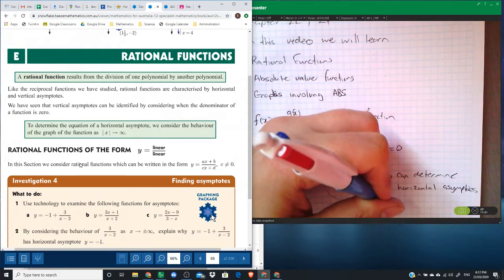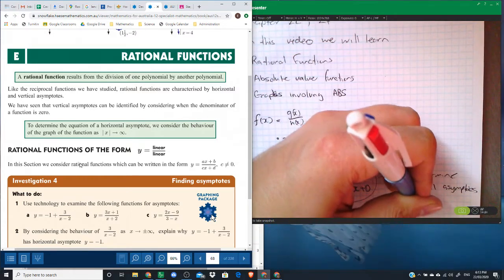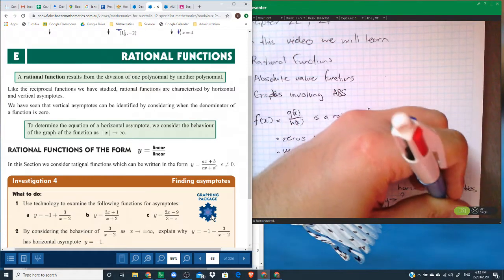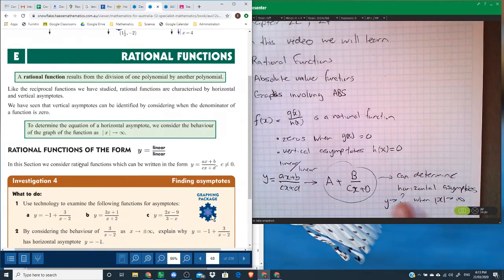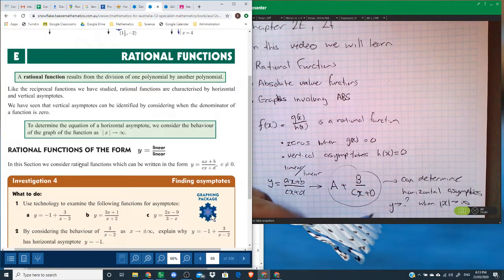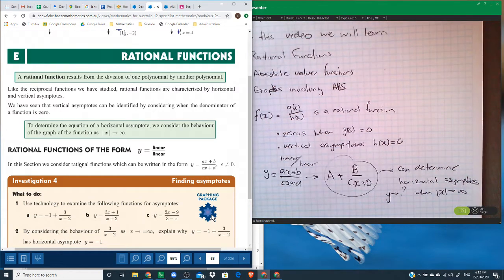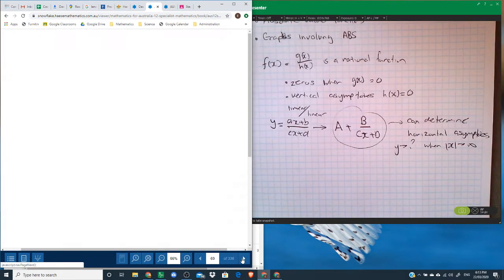I.e., what does y approach when modulus of x goes to infinity on either side? So there should be a pattern, and this form helps us do that. So if this denominator becomes very large and this goes to 0, we end up with a, that's basically what we're going to discover. So let's have a look at these.